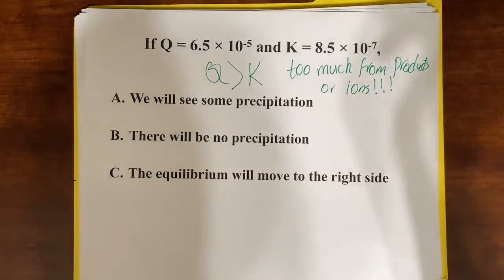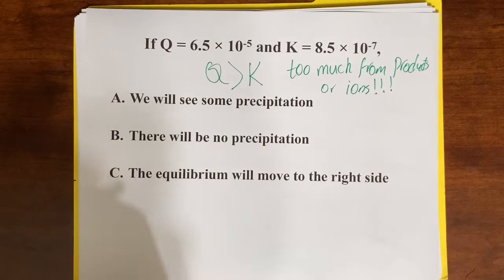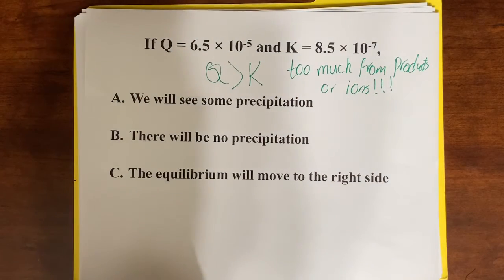So what will happen in this case? The reaction has to go to the left side, to the reactant side, and so we will see precipitation.